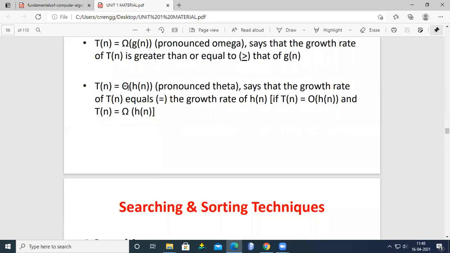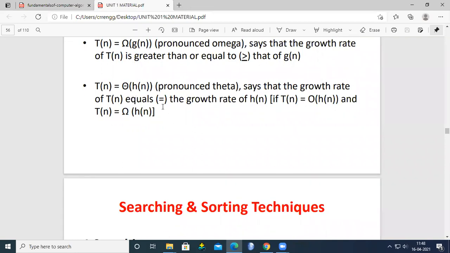Suppose T of n equals theta of h of n, pronounced theta. It says that the growth rate of T of n equals the growth rate of h of n. That means T of n is equal to big O of h of n, and T of n is equal to omega of h of n. So that is theta of h of n.